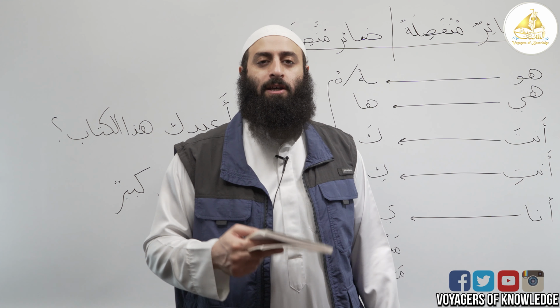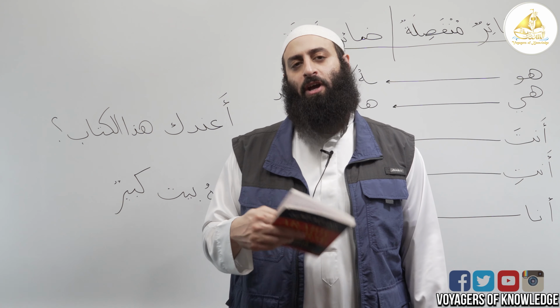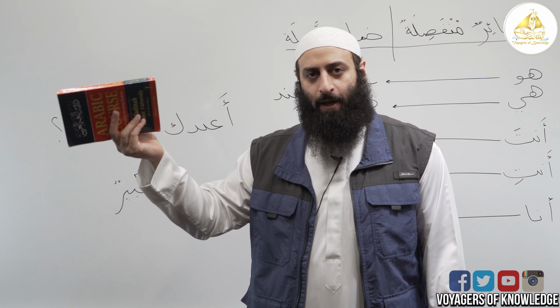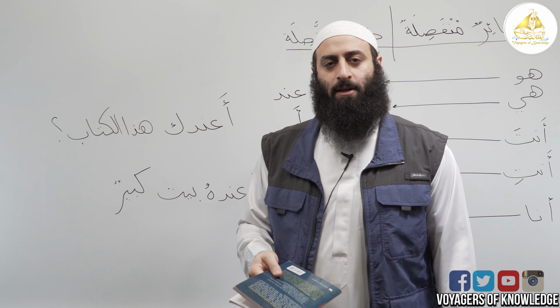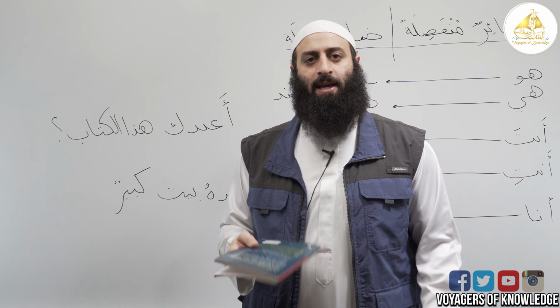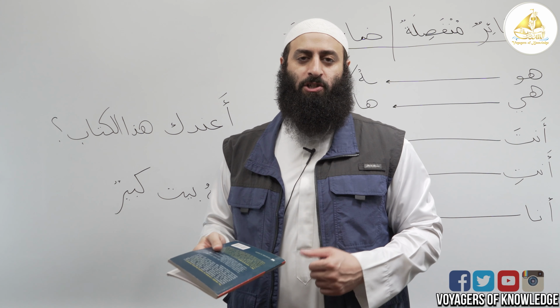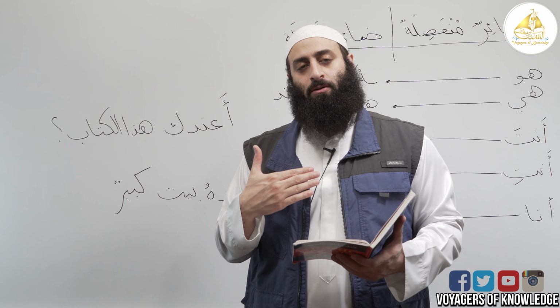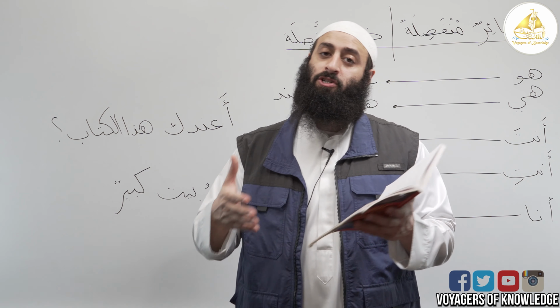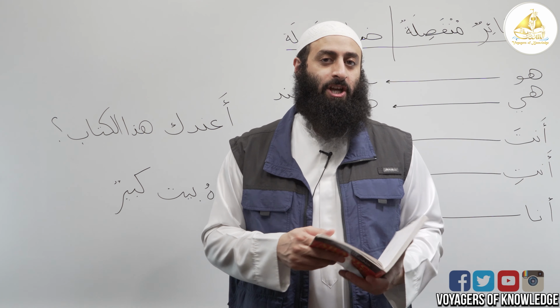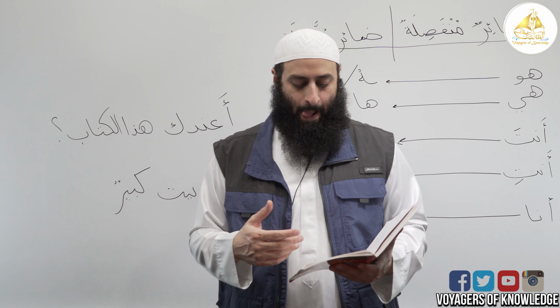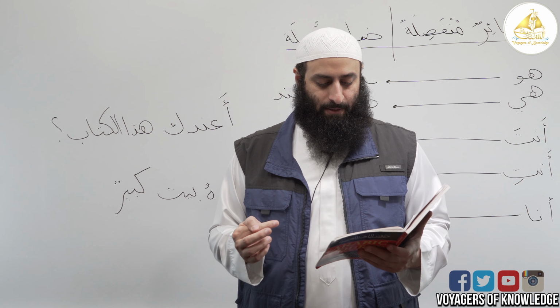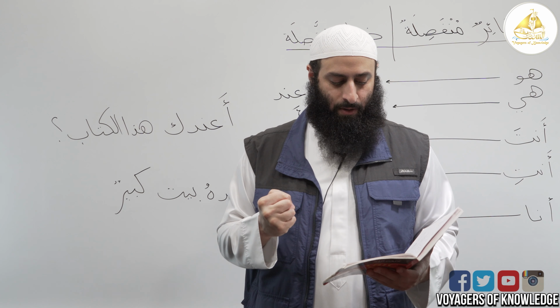He says to you, aina ummuka, and you'd answer, hiya fil bayt. Hiya ma'a abi. She's with my father. Alright? So you can answer ummi and then the thing, or you can just get straight to hiya, she is. Alright?